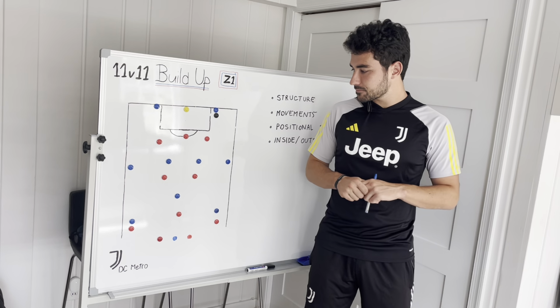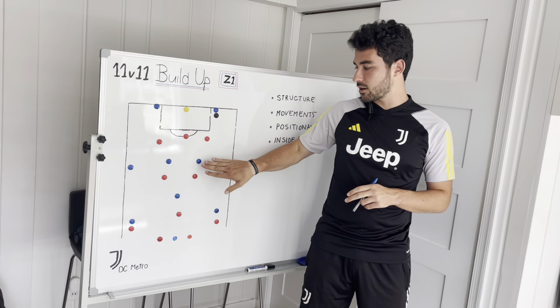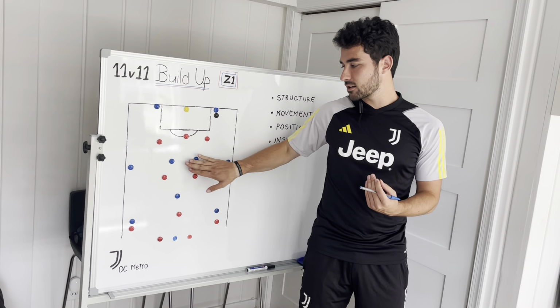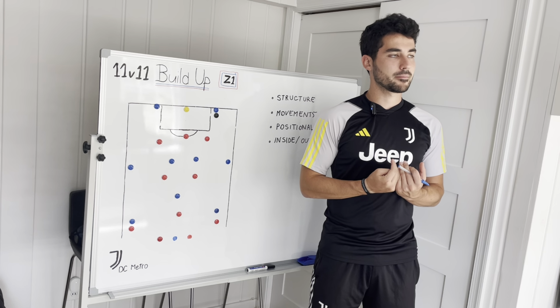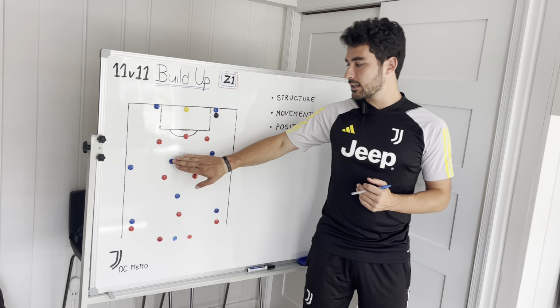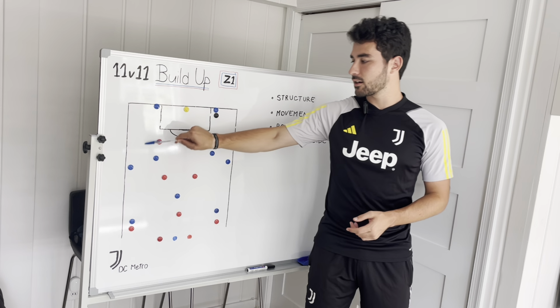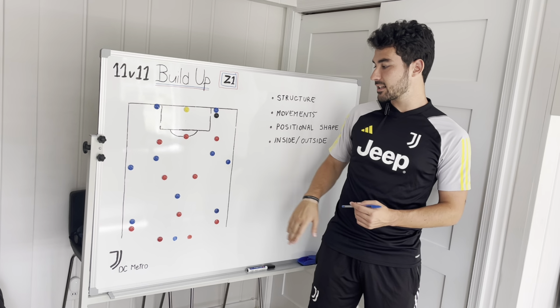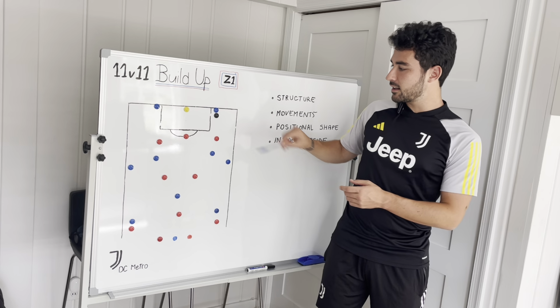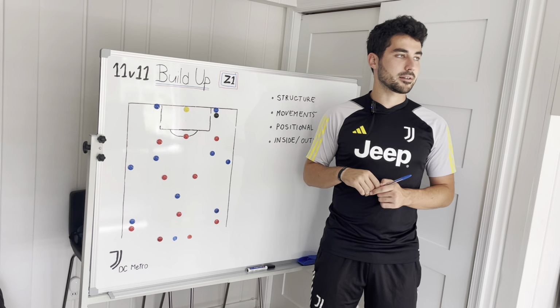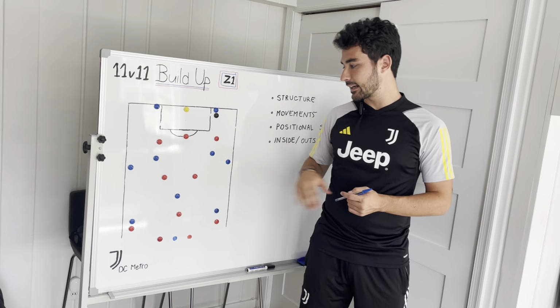Number 2, another detail for our center mids is they have to stay pretty narrow as they're creating that central overload. If they start to get too wide, they make the job of these two players pretty easy, because in this position, this player here is in a position to cover the pass out wide, and they're also marking their center mid. Same thing on this side.